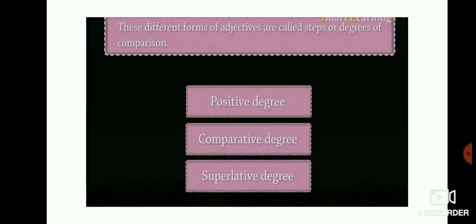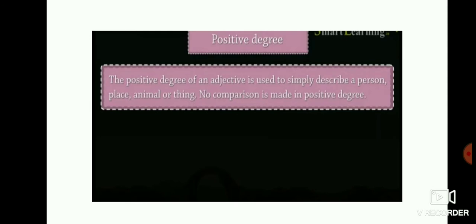It has three forms: positive degree, comparative degree, superlative degree. First we are going to see positive. What is the positive degree? The positive degree of an adjective is used to simply describe a person, place, animal or thing.